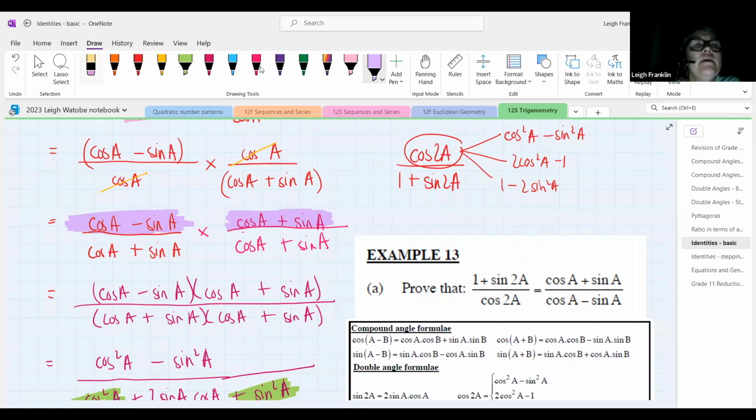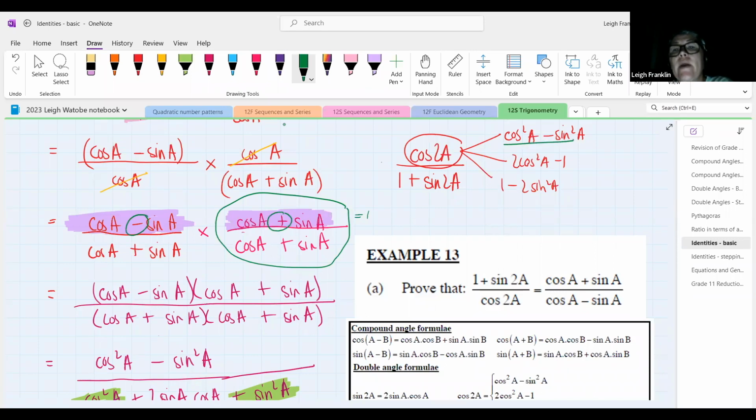This entire thing is also equal to 1 because anything divided by itself is 1. So that's the idea behind a conjugate. The sign in the numerator and the denominator are different to create this difference of squares, which you can then write as cos 2a. That was the whole idea.